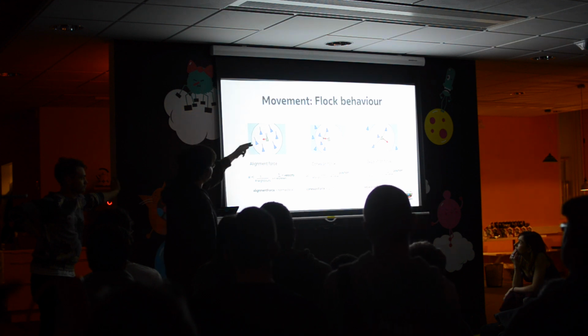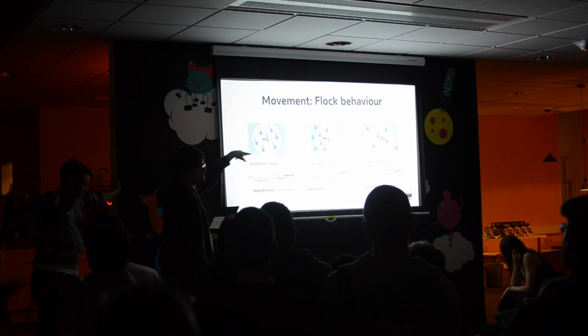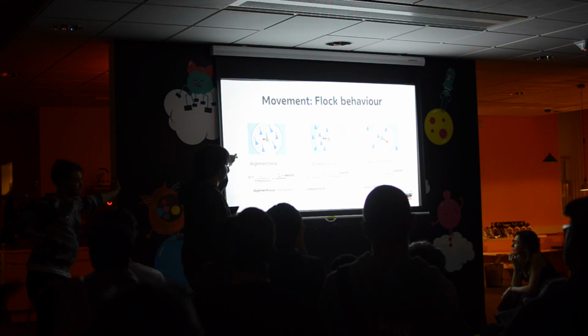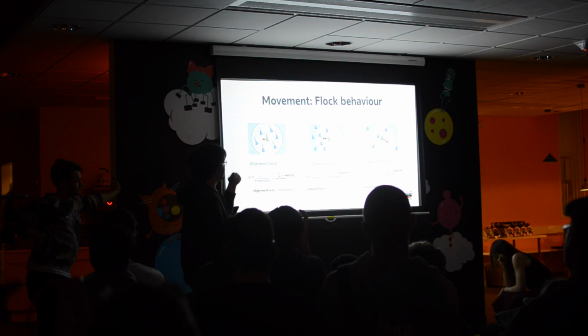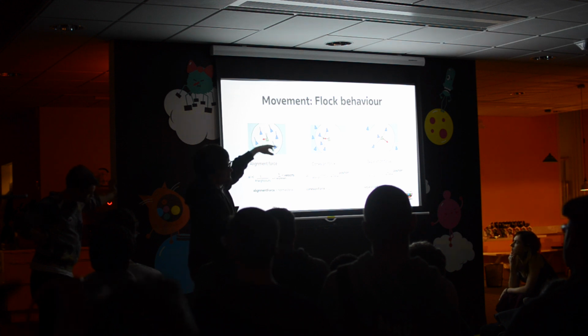So for example, in this case of flock behavior, this model states you have three types of forces: alignment force, cohesion force, and separation force. The alignment force is a force that steers the direction of the animal towards the direction of the animals in your surroundings.